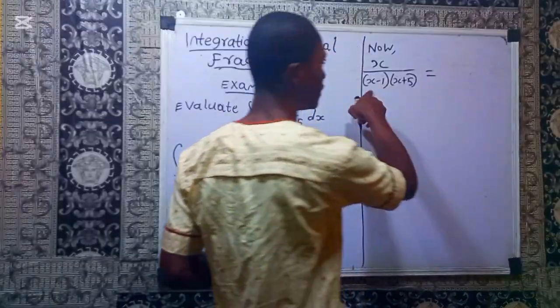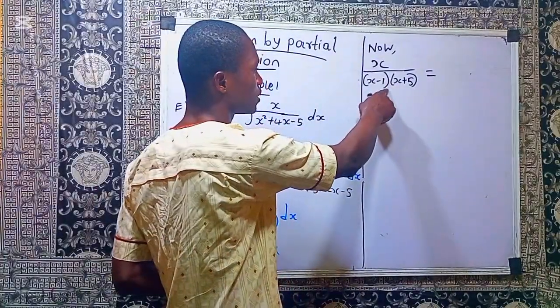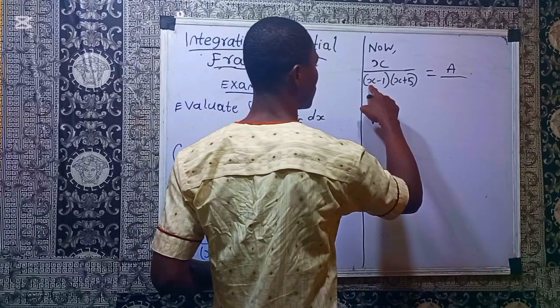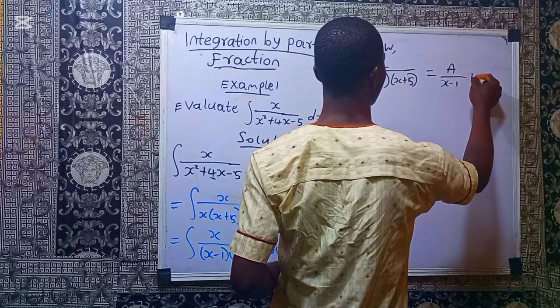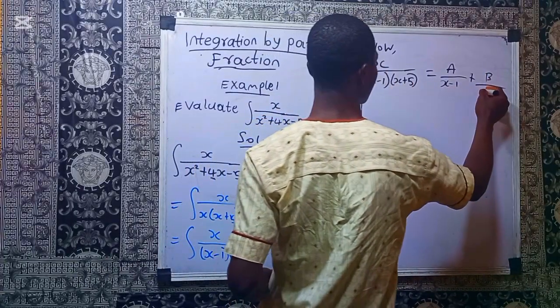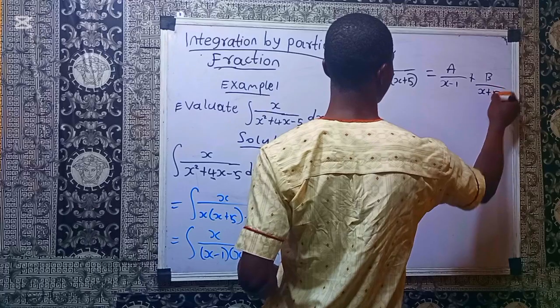So the first factor here, you are going to do a over the first factor, x minus 1, plus b over the second linear factor, x plus 5.